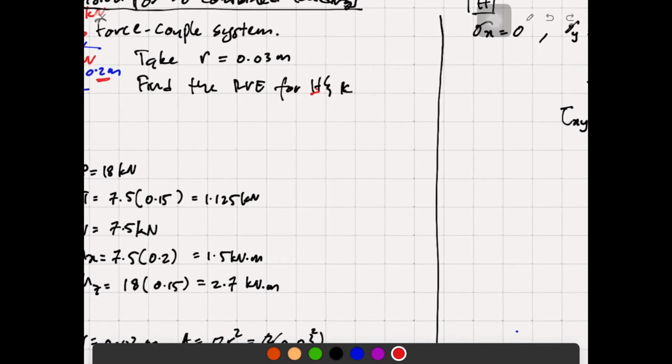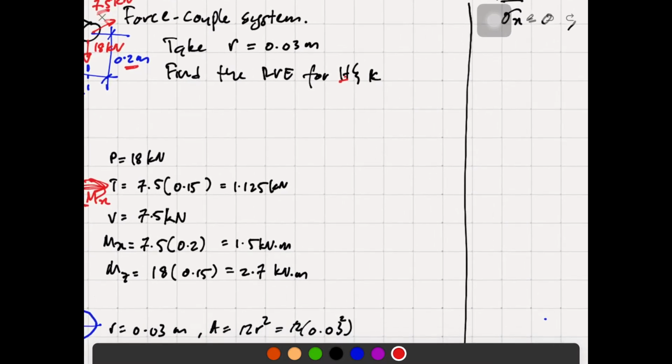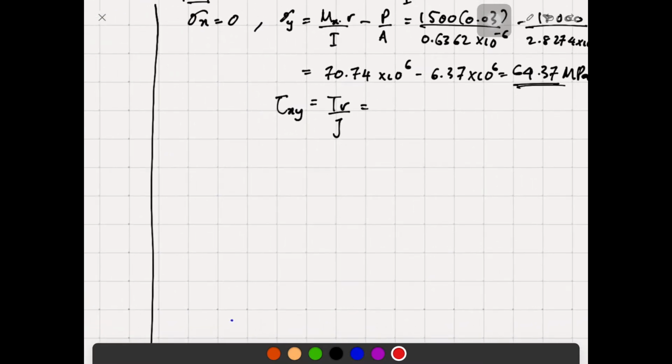We need to compute this, taking 1.125, in kilonewton, times 0.03 divided by 1.27.